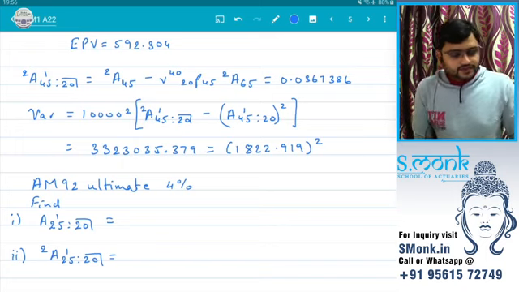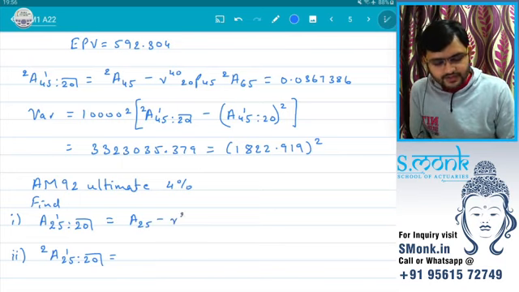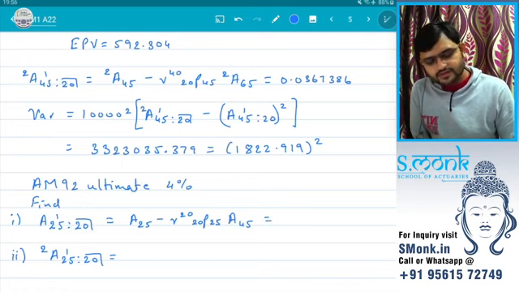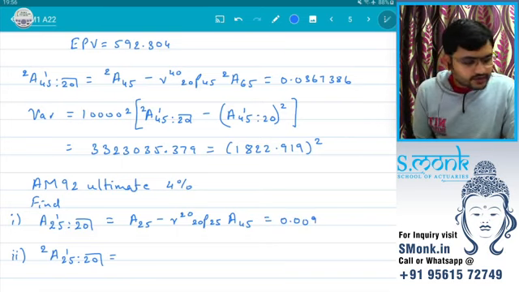Okay, so what is the value that we are getting? First of all, this is going to be A25 minus v raised to 20, 20p25, A45, right? So are we all getting 0.00980211?